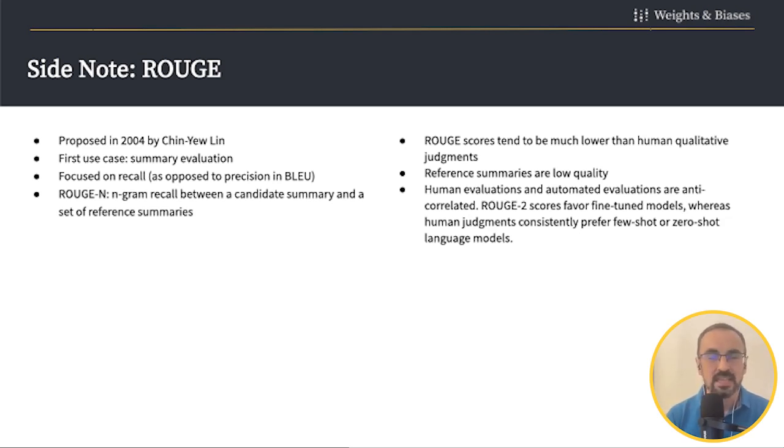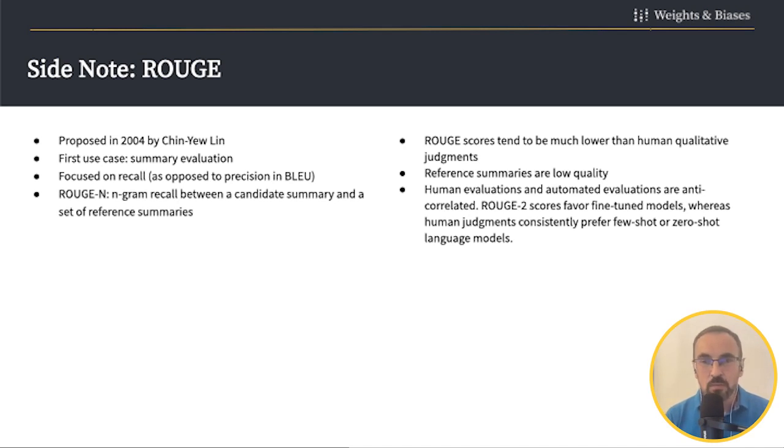So the team at HELM actually performed some human evaluation of the summarization task to understand this a little bit better. They found out first that Rouge scores tend to be much lower than human judgments. They surprisingly found that the reference summaries in the summarization datasets are low quality, and people evaluate model-generated summaries higher than the reference ones, which is a big issue with the benchmarks that we're using for summarization.